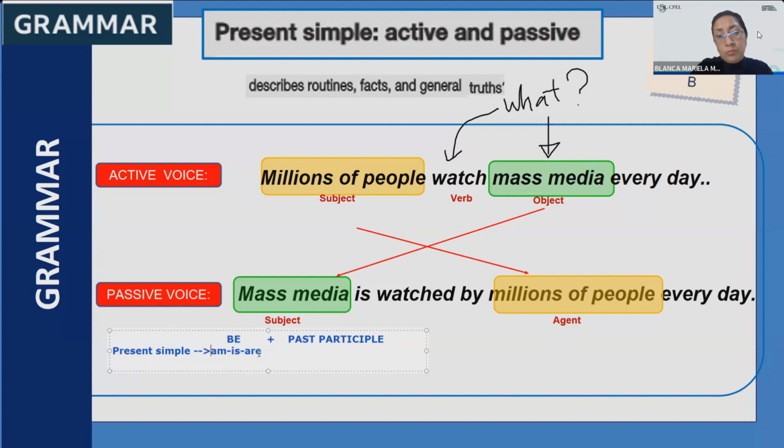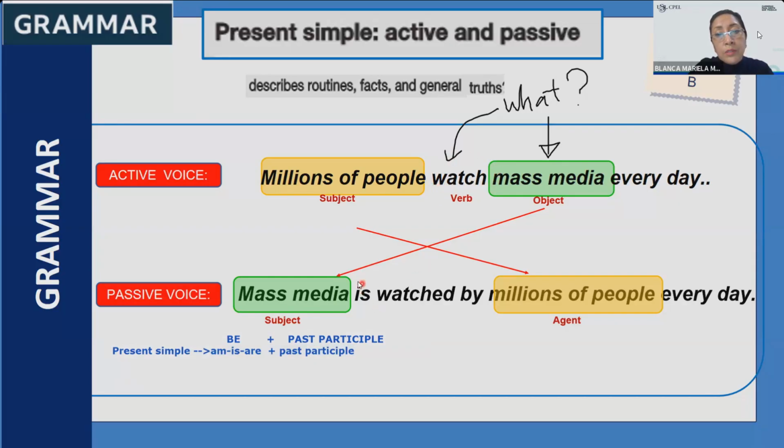So you write the verb to be plus the past participle. So this is how you form the verb in present simple in passive voice. That is why here, for example, this verb is in present simple.